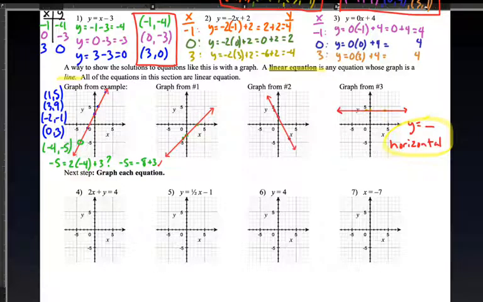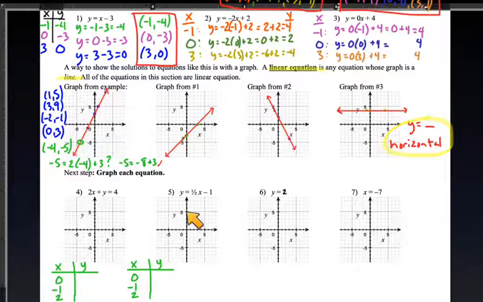I would recommend that on number 5, you might not want to plug in negative 1 for x right there, because 1/2 times negative 1 is not as fun as some other numbers. So just give those a shot. Pause. I'm going to give this a few seconds. You can pause the video before you look at my answers.